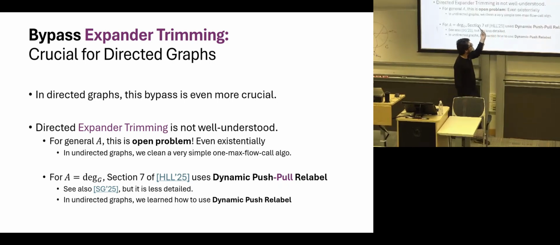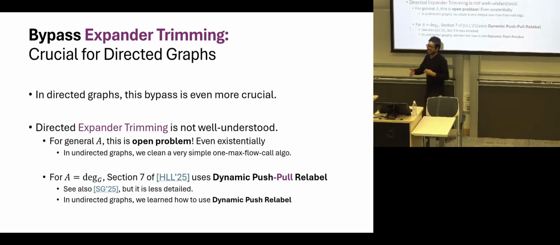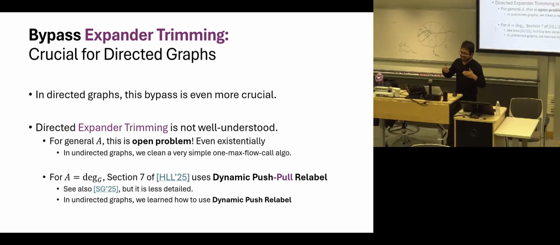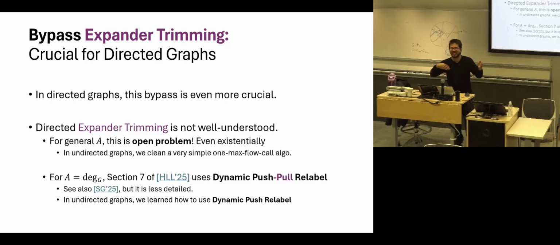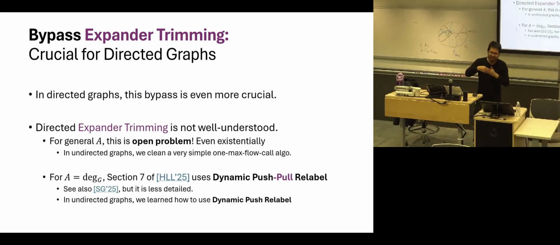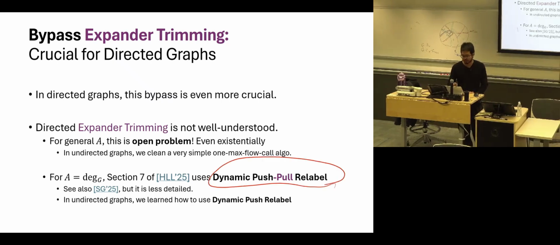When it's a directed graph, there is this one, dynamic push and pull relabel. The idea is that it's kind of push relabel, but some nodes can reduce their level instead of nodes only increasing the level. Quite a cool algorithm. You can have a look if you're interested.